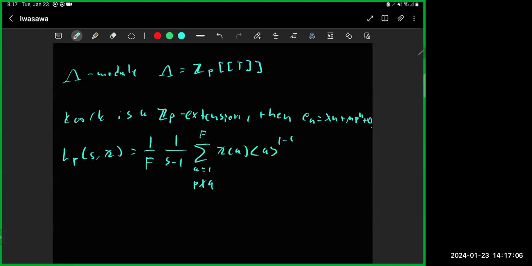I'm not going to go into what this object is right now, times the infinite series from j equals 0 up to infinity of (1 minus s choose j) times something called the Bernoulli polynomial of a specific thing.